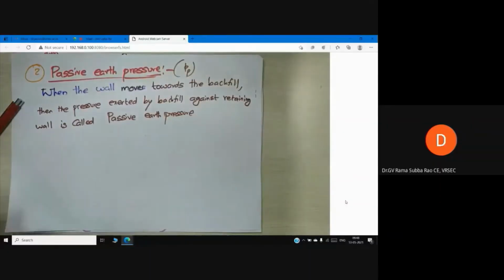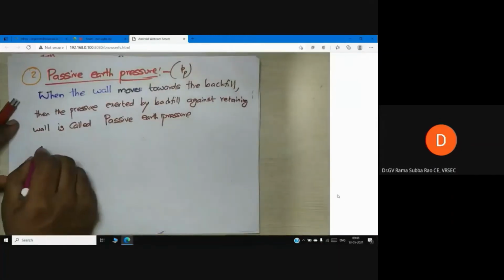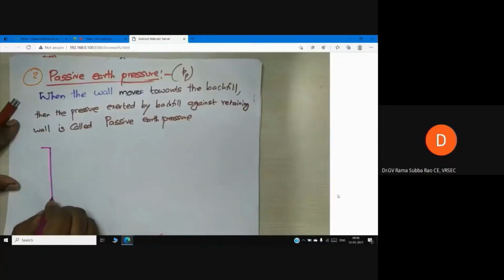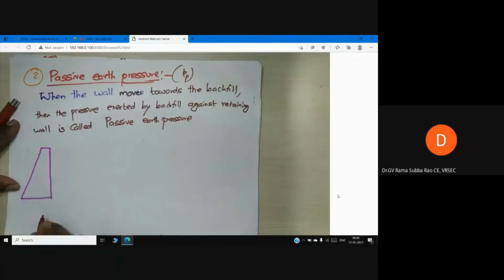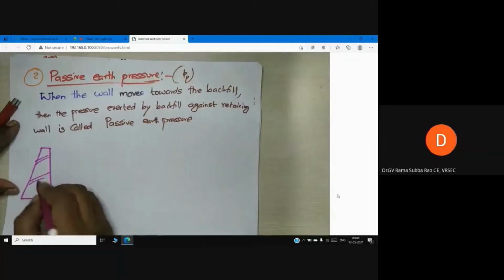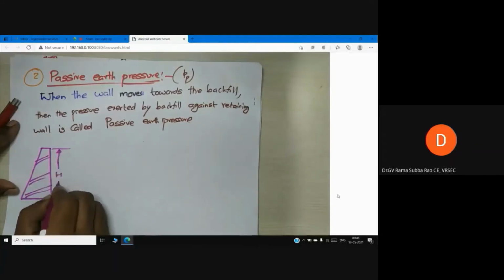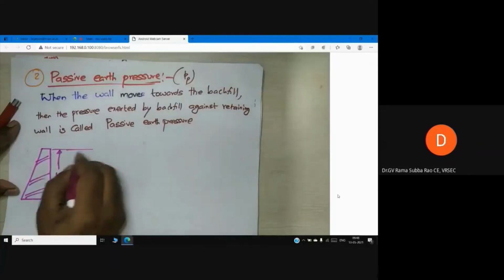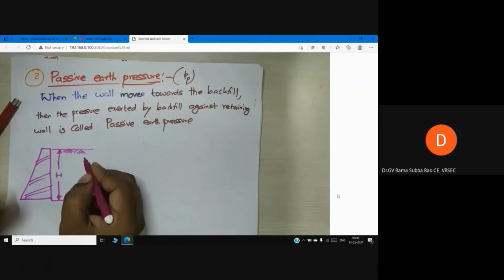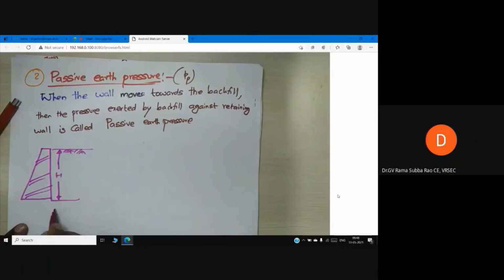Now let us draw the figure. So this is the retaining wall having height h. This is the backfill. Now the wall is moving towards the backfill.